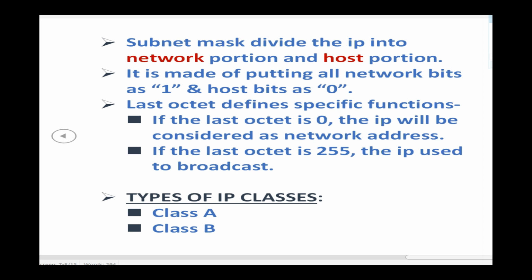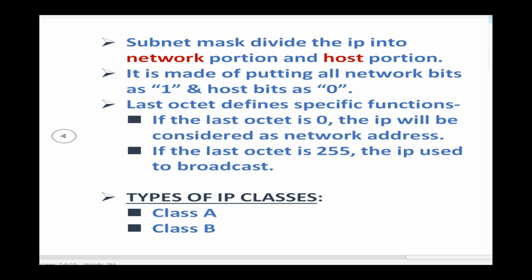One part will be the network portion and another part will be the host portion. So for the network portion we will keep all 1s. We won't change it. And host bits will be zeros. We can change it.